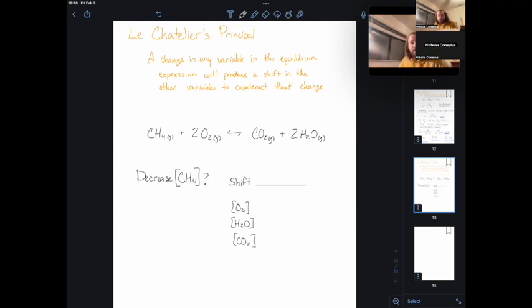I think that that's the easiest way to think about it. Because once you know which direction it's going to shift, it's easier to figure out what happens to all the other compounds, all the other concentrations. Right? So if this goes down, the system is going to have to respond by shifting to the left. Right? A left shift means an increase in the concentration of oxygen and a decrease in the concentration of my two products.